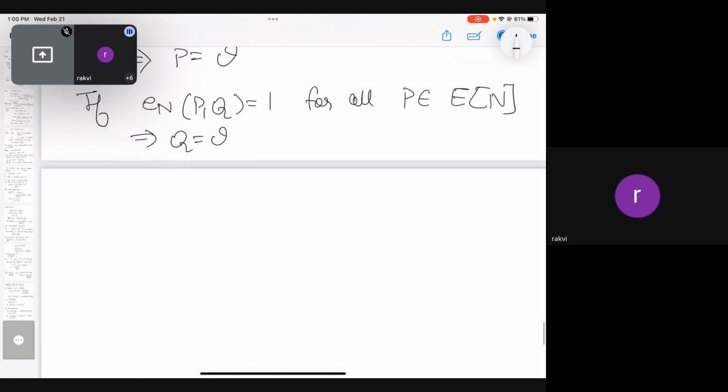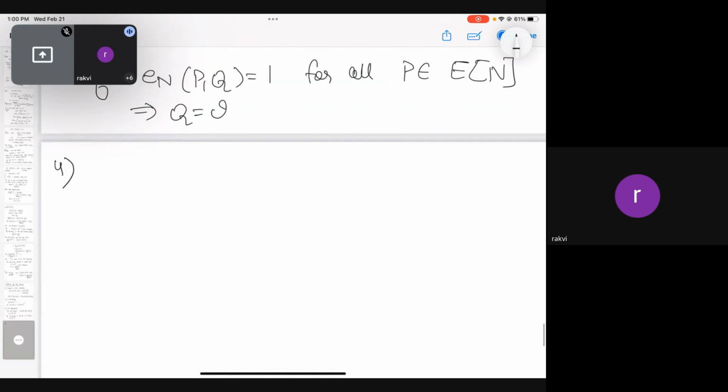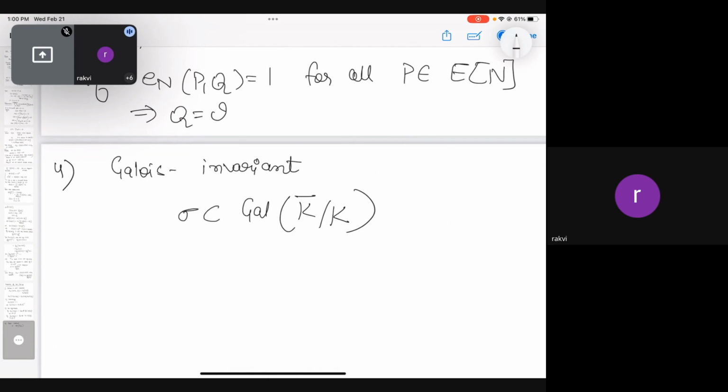The fourth property is that it's Galois invariant. What it means is, I have a field k, and I take its algebraic closure and its Galois group, and I take any element in here.